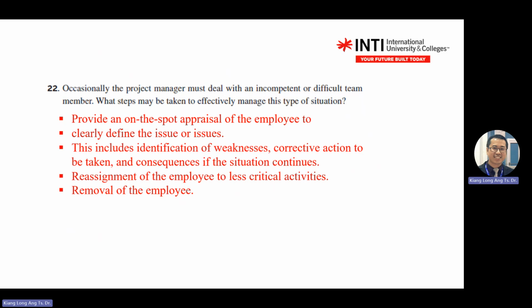If you remove employees, you will surely hurt that person. If you remove that one, whether you use a very soft method also, the person will feel hurt, and then it will generate some negative things. So try to avoid this one.